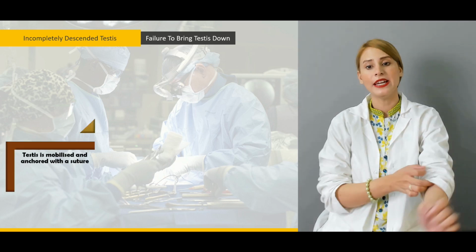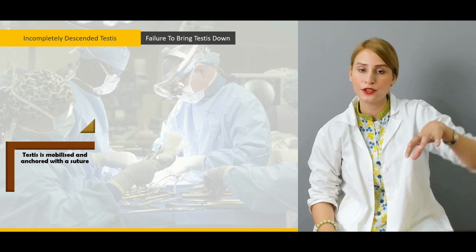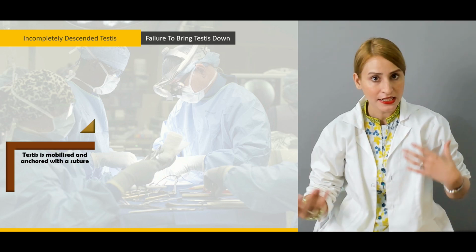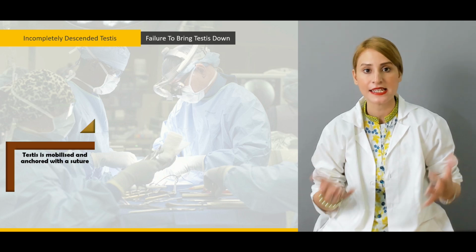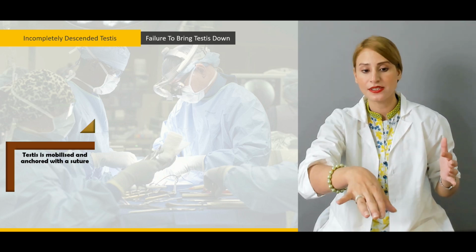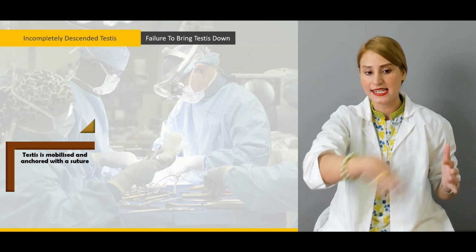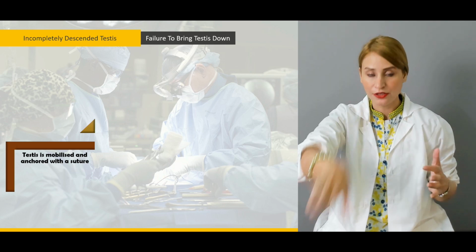If you cannot bring down and mobilize the undescended testes in a 1-stage procedure, you mobilize the testes, anchor them with a suture, and leave it for 6 months.